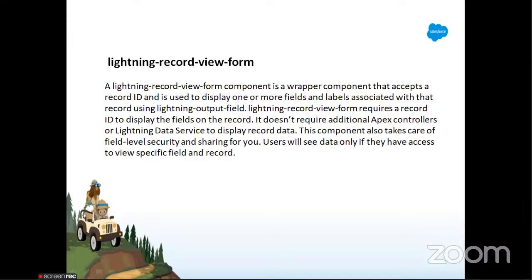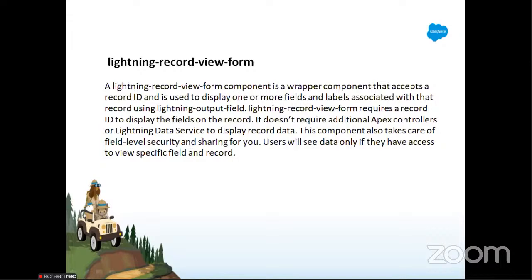That means if you have a level of security with that particular field, it follows the rule, and it will display the required fields only, right? That means the user will see a field only if they have access to view that specific field on a record. Suppose you are going to retrieve one field with the name of amount, and that is a part of your record view form, but as a user you are not authorized to view that particular field.